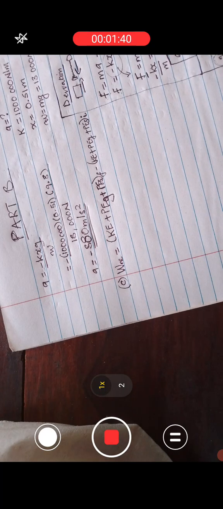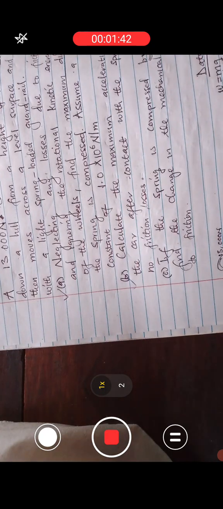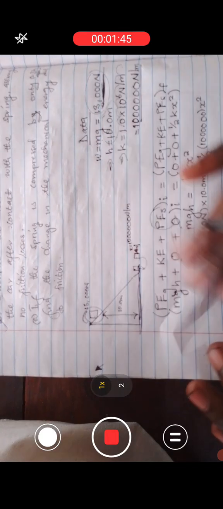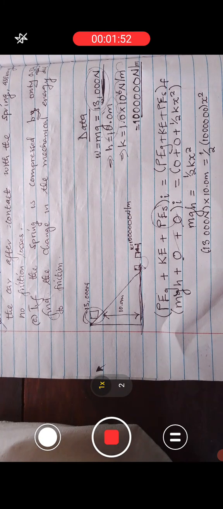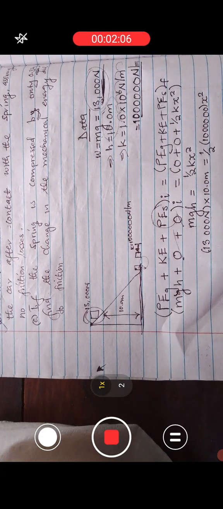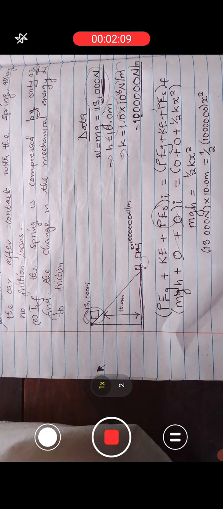Now if you go back to the simple diagram, we knew that the final energy the car had was the elastic potential energy due to the spring, because the car stopped and the only energy that was in the form of kinetic was transferred into elastic potential energy.